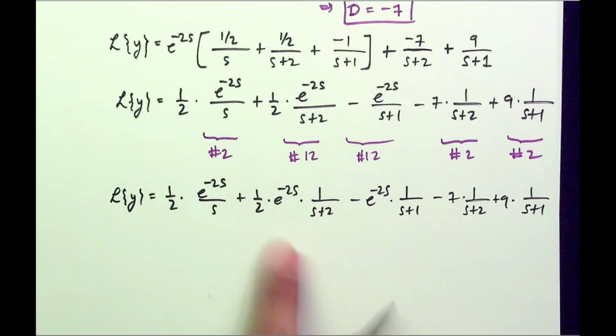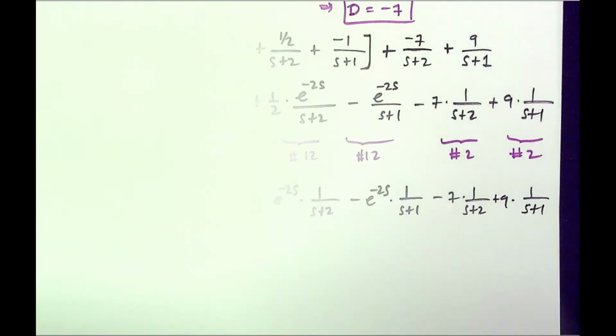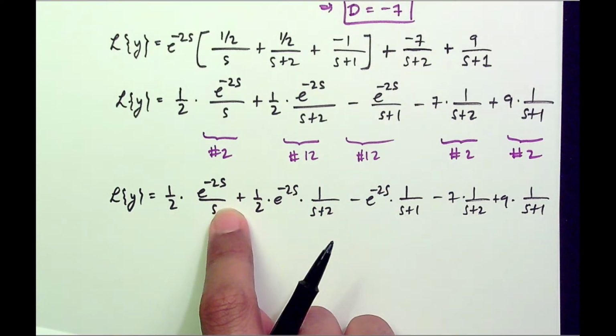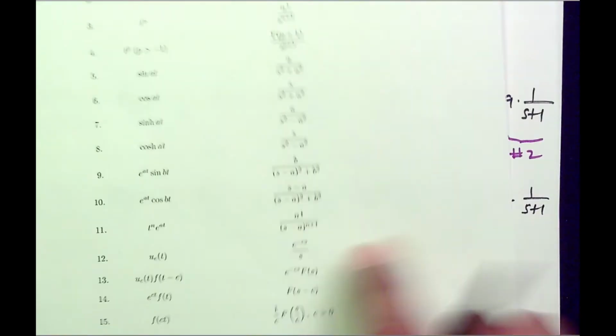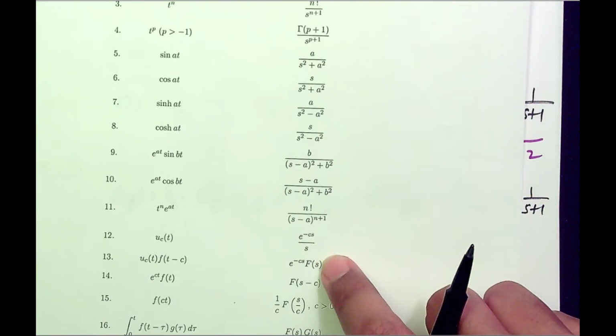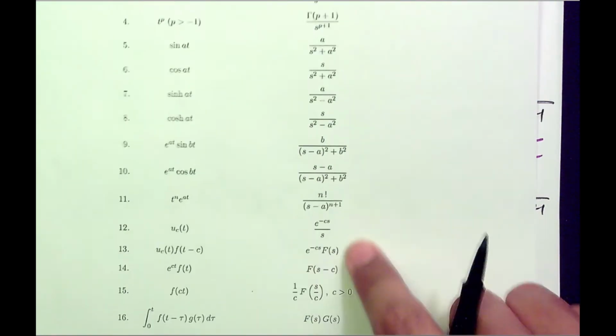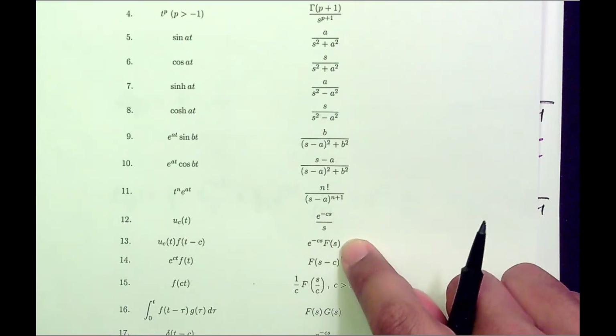Okay, I wrote it like this just so that it looks a little bit more like the formula. This one I didn't because this one appears just as is on the table. It is that one, but the other one is not exactly over s, it's s plus 2. So that means we cannot use that, so I'm writing it like this. It's gonna look more like this.